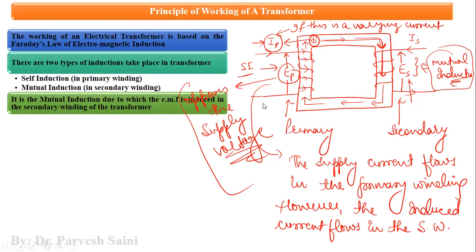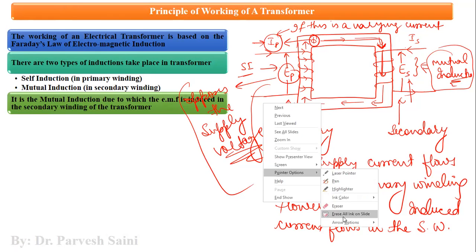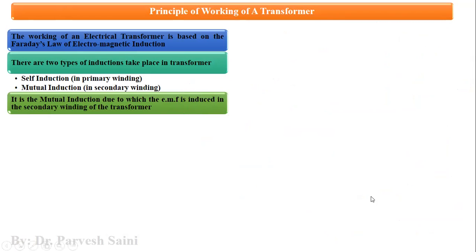And because we need the EMF in the secondary winding, because the load is connected to the secondary winding of the transformer, we need an EMF to be induced in the secondary winding. So we can generally say that the principle of working of a transformer is mutual induction. It is the mutual induction, right?